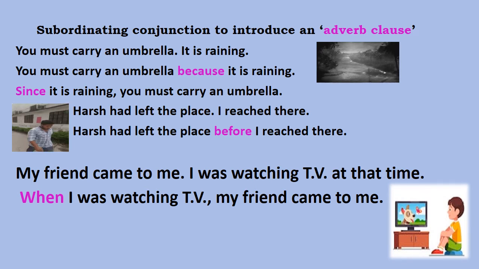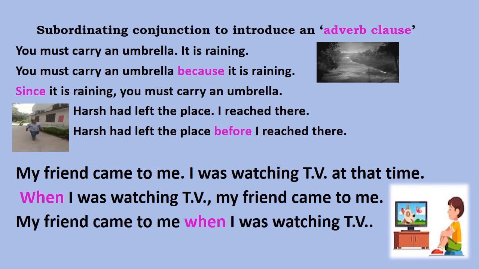So that is the main clause, but as you can see, we have started our sentence with a subordinator. So conjunction first, then the dependent clause, and then the main clause. But the same sentence, if I want to write with when as a conjunction between the two clauses, we can write it as, my friend came to me when I was watching TV.